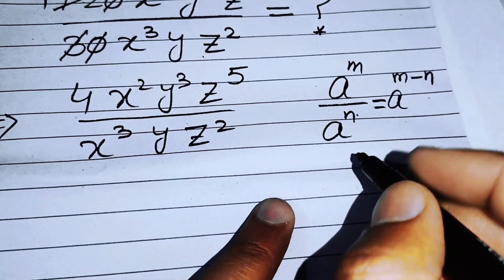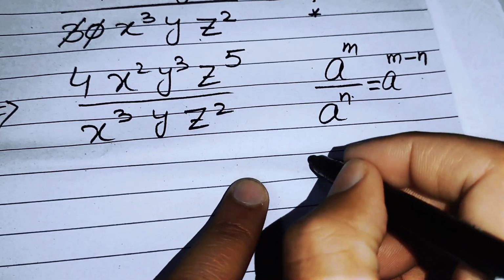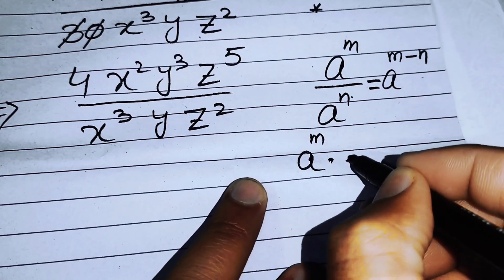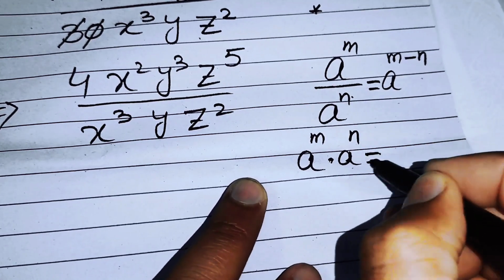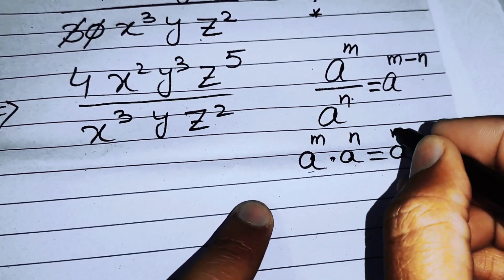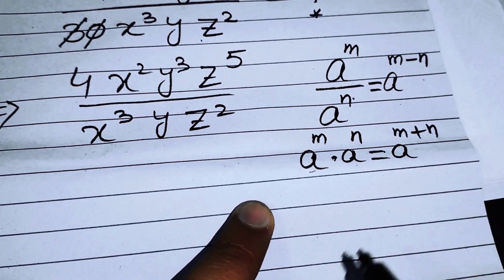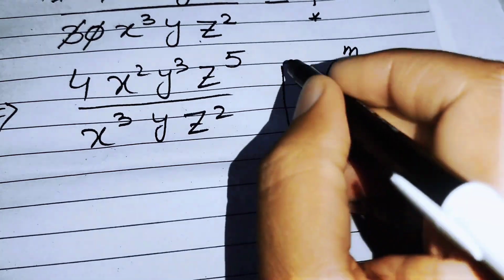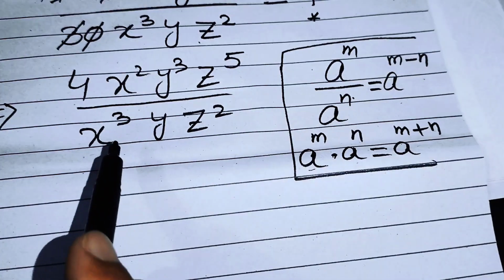We can also apply another exponent law: if you have a to the power of m times a to the power of n, the bases of both are the same, so the exponents are added. We can apply these two exponent laws in order to solve this problem.